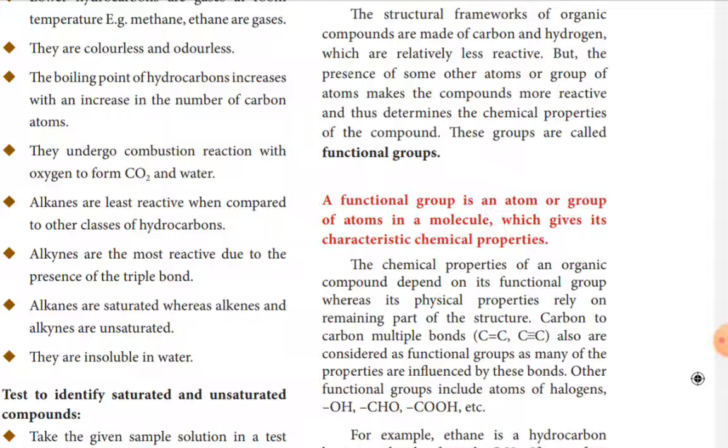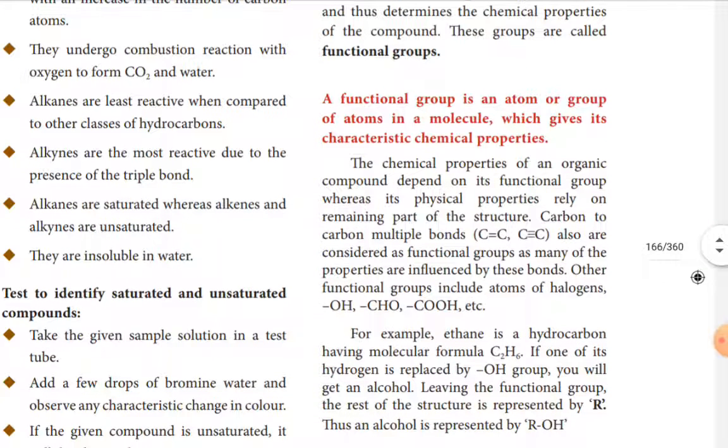So the chemical properties of hydrocarbons are determined by the presence of some other atoms or group of atoms. These atoms or group of atoms are called functional group, because they define the chemical properties of the compound.